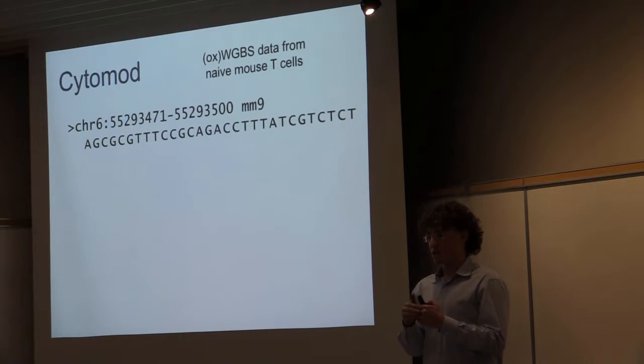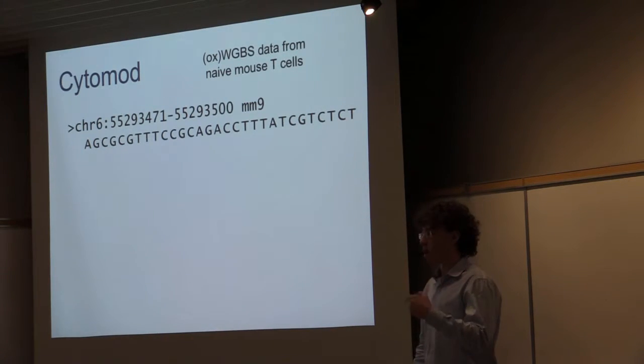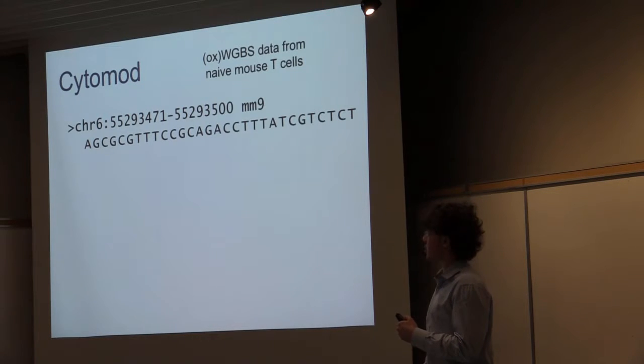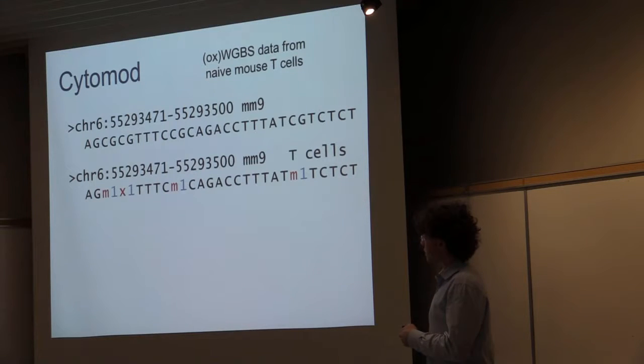So now using this new alphabet, we can take an unmodified genome sequence and use data to now encode its modified symbols across the genome. And so we're leveraging oxidative and conventional whole genome bisulfite sequencing data from the Ferguson-Smith lab, and this was done in naive mouse T cells. And using this, what we can do is modify each position for the different modifications that we're interested in.